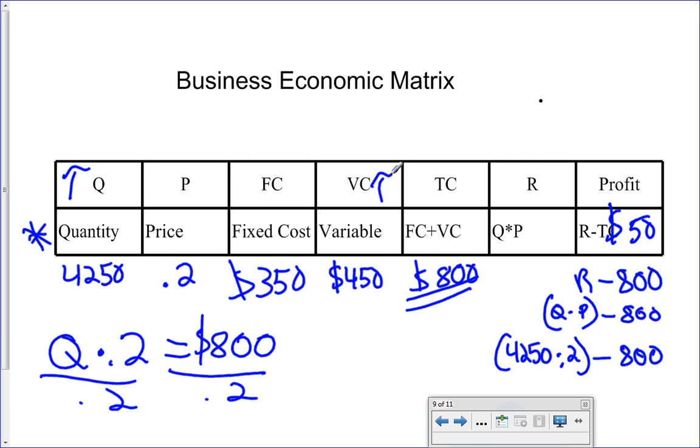So that's not a very good option. While we could change the variable cost, the only way to really change it is either by getting rid of machinery and hiring more people, or by firing people and doing more of the work yourself. Well, that may or may not be a possibility.